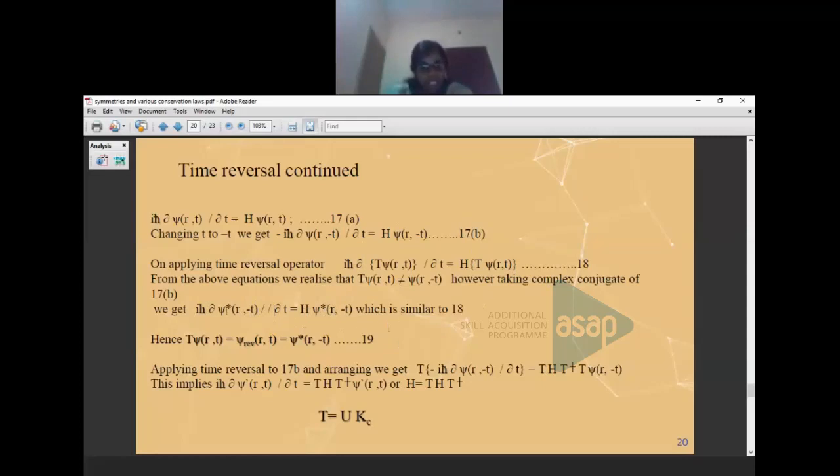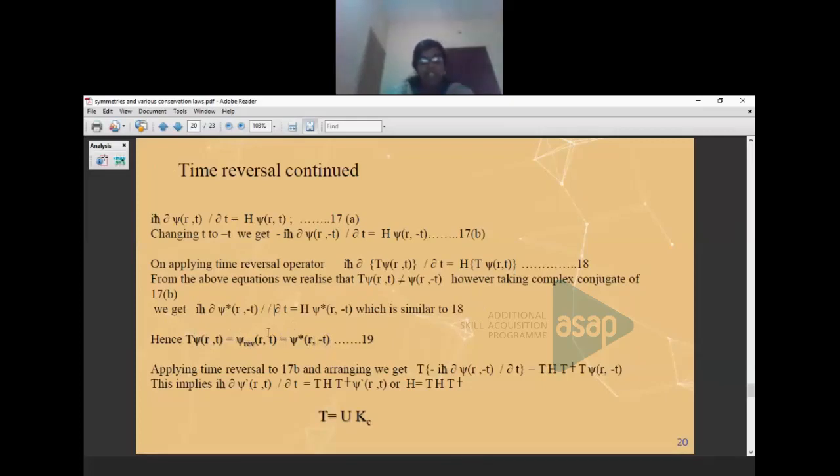This equation is similar in form, which means you are preserving the form of the Schrodinger equation. So the time reversal operator gives T psi of r, t equal to psi star of r, minus t. So time reversal is actually a conjugation, which we have already discussed.